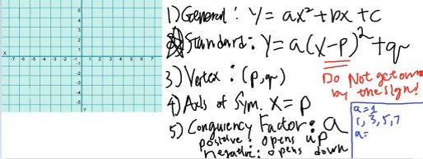If a is 2, it goes 2, 6, 10, 14. If a is 0.5, aka 1 over 2, it goes 0.5, 1.5, 2.5, 3.5.